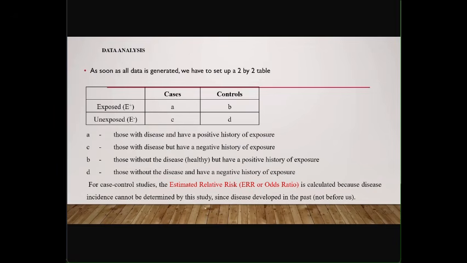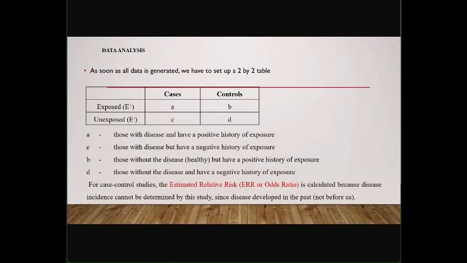Now, the fourth one is those without the disease, and at the same time, they also have a negative history of smoking. They do not have the disease and they have never smoked. So if we follow that diagram, these are the 4 scenarios that will evolve, right?